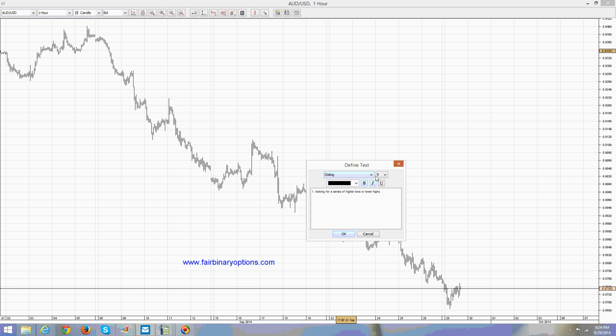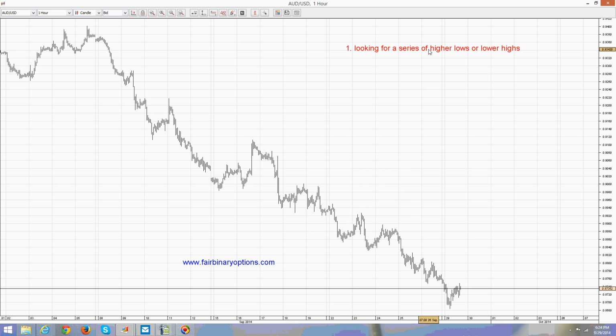Now, of course, higher lows means that the trend to start is going to be a bullish one, and lower highs would mean that the trend to start is going to be a bearish one.